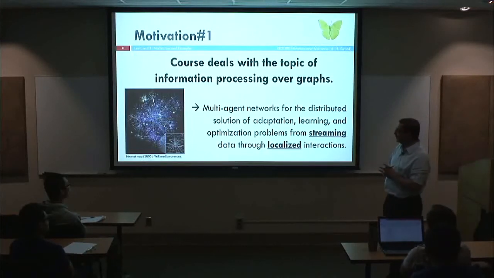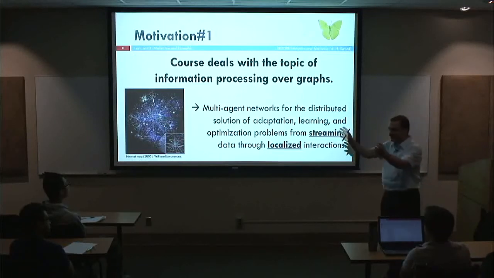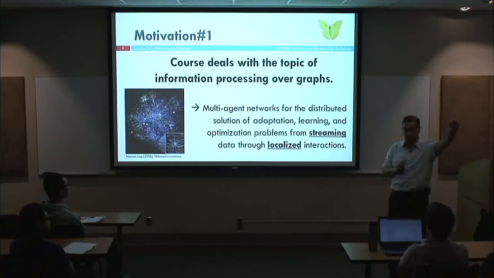So for example, if every agent in this network has access to some pieces of information, if you take all these individual pieces of information and collect them somewhere and you solve a learning problem, let's say a pattern classification problem, you will attain a certain level of performance.